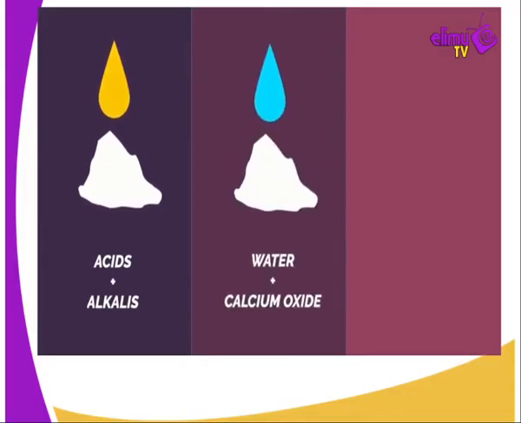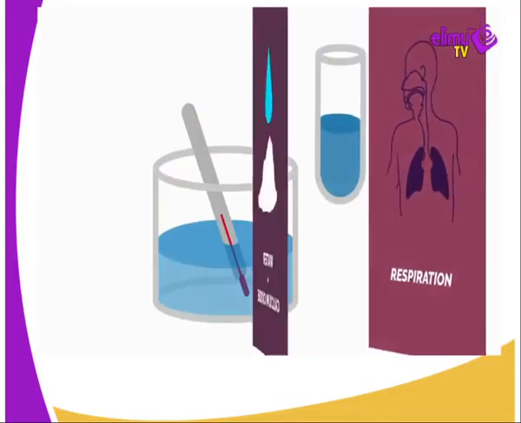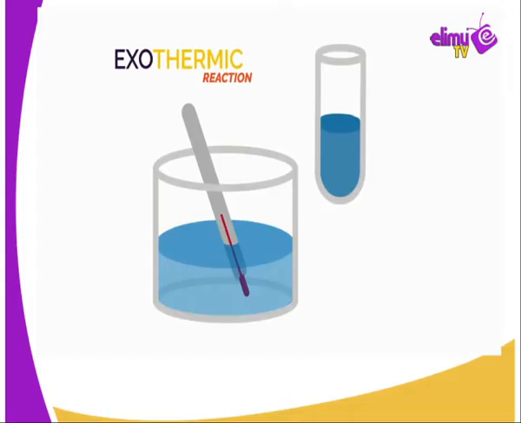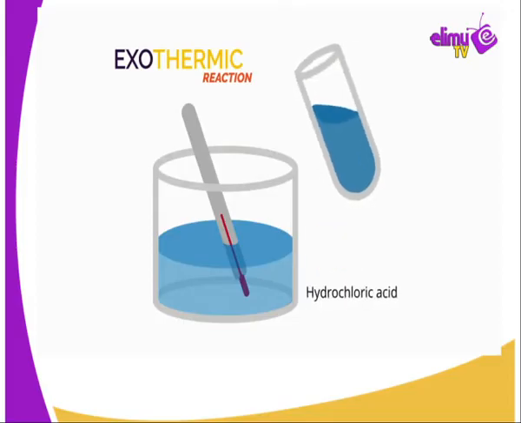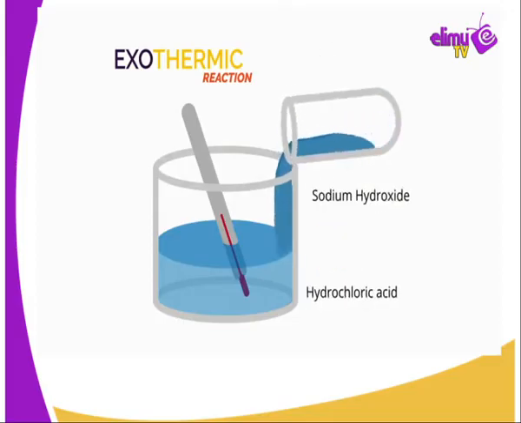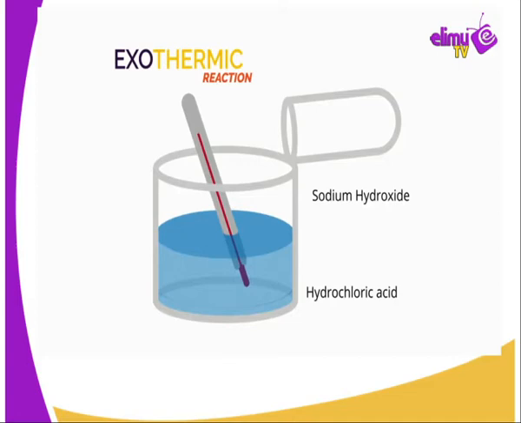We also have water and calcium oxide, and a biological process which is exothermic. So what is an exothermic reaction? When we consider a reaction between hydrochloric acid and sodium hydroxide, the temperature increases. Therefore, that is an exothermic reaction. Heat energy is evolved to the surrounding.